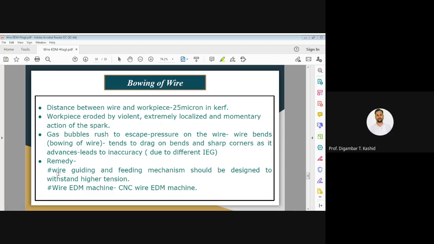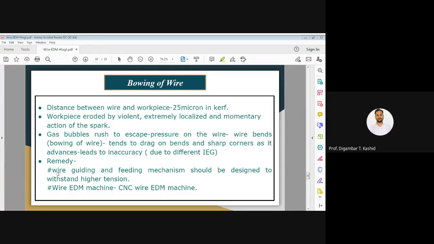Now we have another concept, that is bowing of wire. A very small gap, near about 25 micron, is maintained between the wire, that means the tool, and your workpiece.